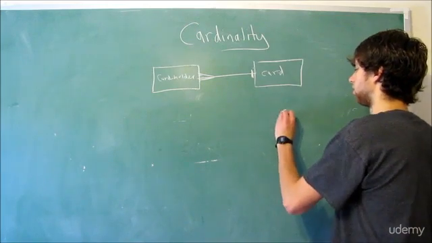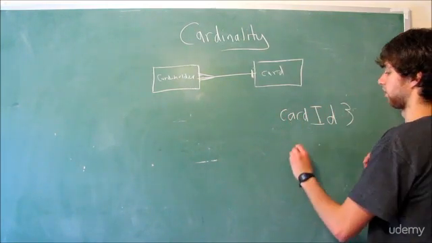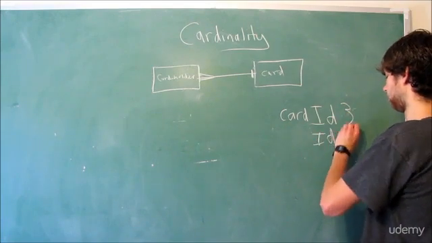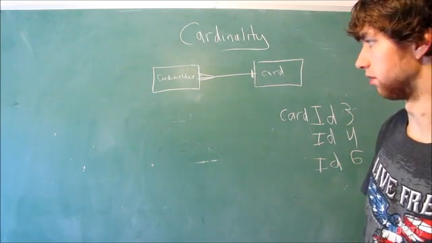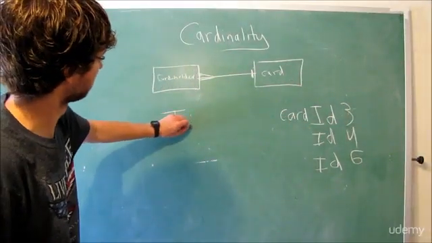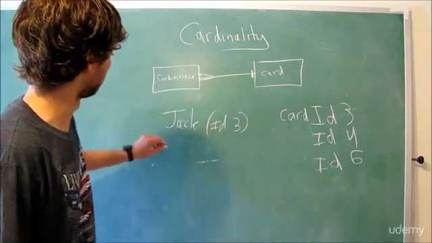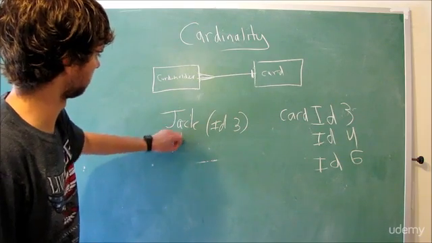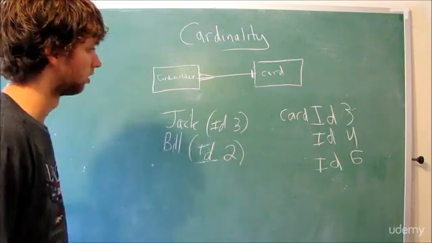We have a card with the ID 3. We have a card with the ID 4, the ID of 6. It doesn't really matter what the numbers are. And then we have a card holder. We just got a guy named Jack, whose ID is 3. And then we got Bill, ID of 2.